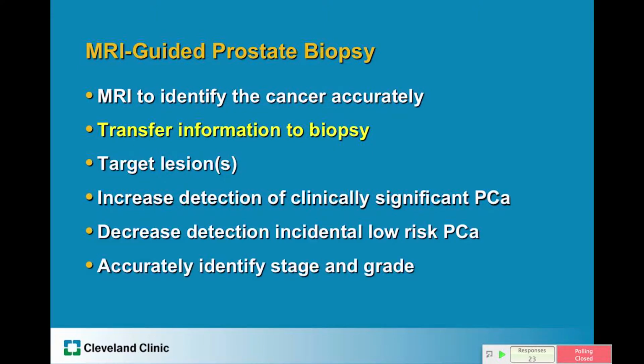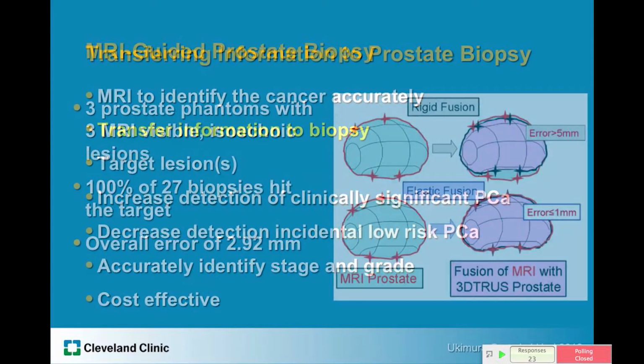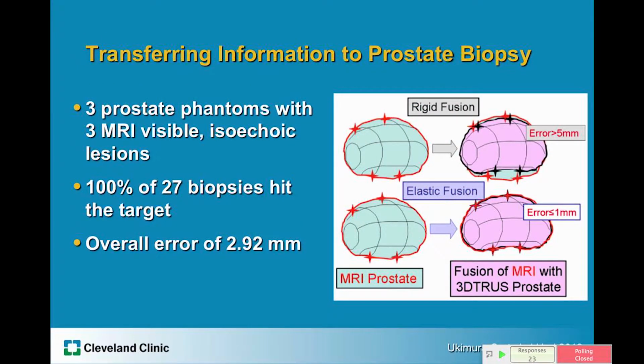So let's talk about transferring the information now from the MRI to the biopsy. So that is, registration of the images or MR ultrasound fusion. This study from Okumura looked at prostate phantoms with MR visible lesions that were isoechoic on ultrasound.